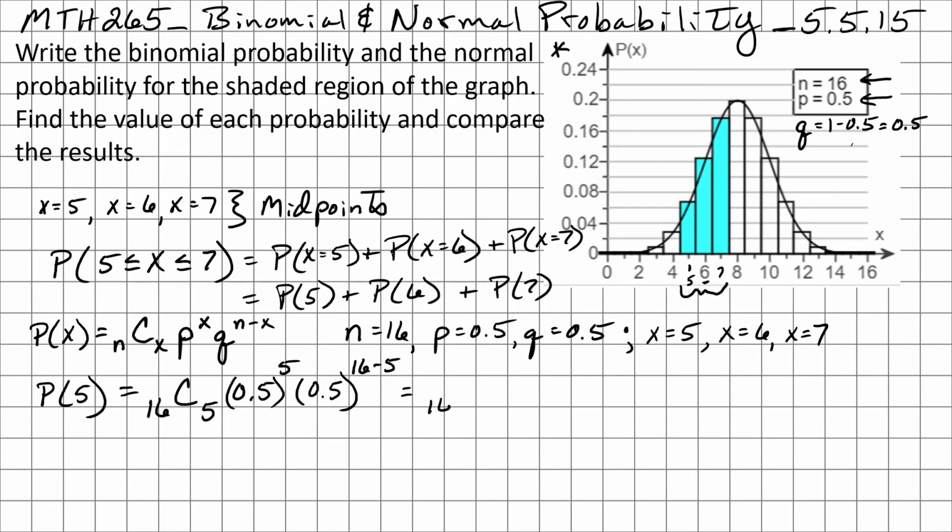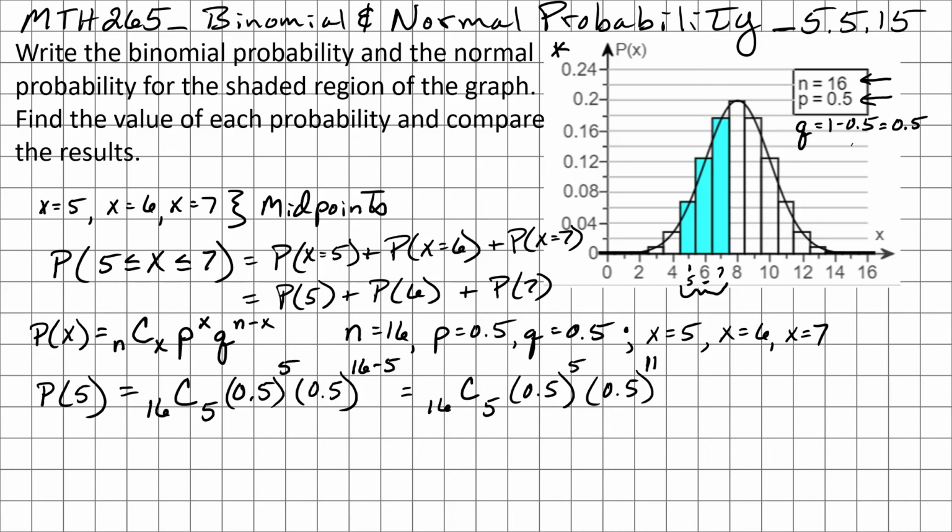Now I can simplify that and just write it as 16C5 times 0.5 to the 5 power times 0.5 to the 16 minus 5, which is 11. Since these two bases are the same, I could add the two powers and have 0.5 to the 16 power, but I'm just going to leave it alone, and we're going to type this exactly into the calculator.